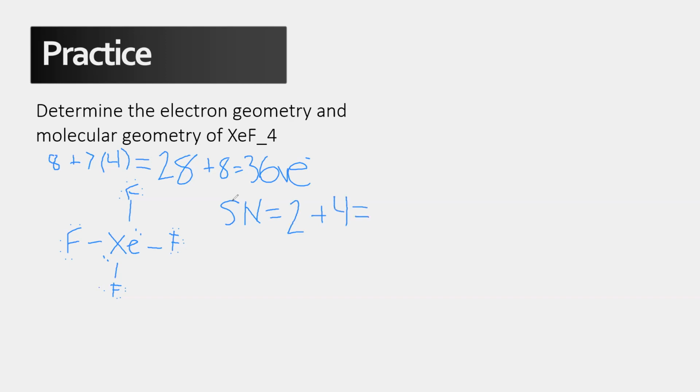So we know that it has a steric number of 6. Now we can look back at our chart, or actually I'm not going to, because I already know that a steric number of 6, you might remember, corresponds to an electron geometry of octahedral.